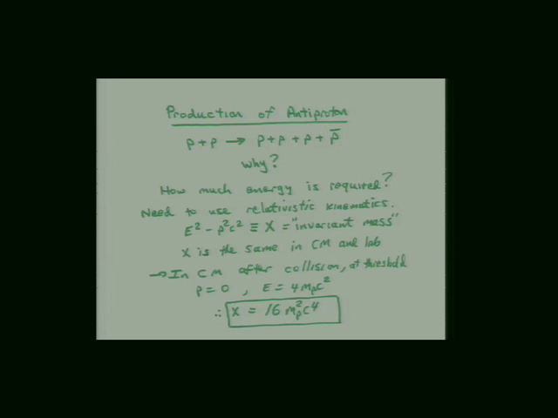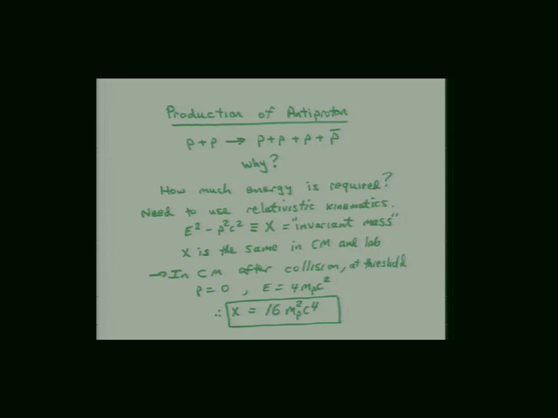Here, we're going to have to use special relativity, because now we're talking about energies which are comparable to, in fact greater than, the rest mass energies of the particles we're interested in. So we have to use relativistic kinematics, and a very useful quantity in relativistic kinematics is something called the invariant mass.